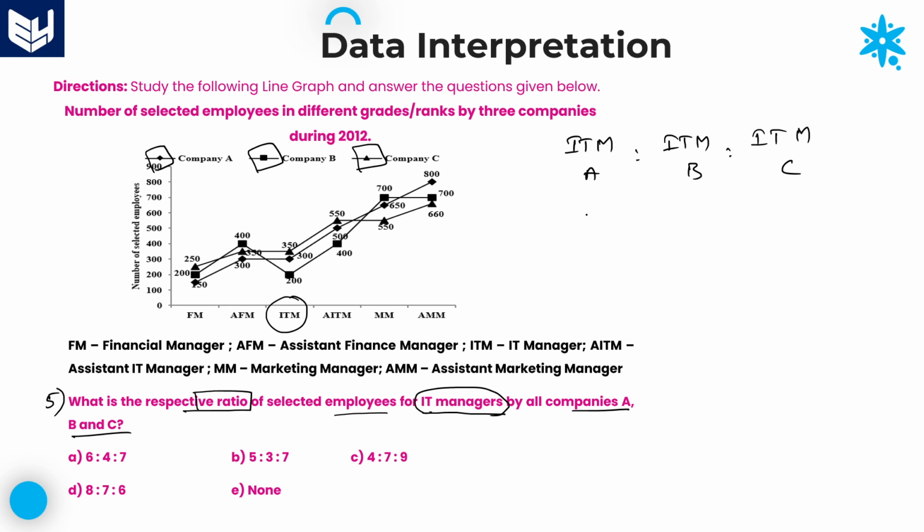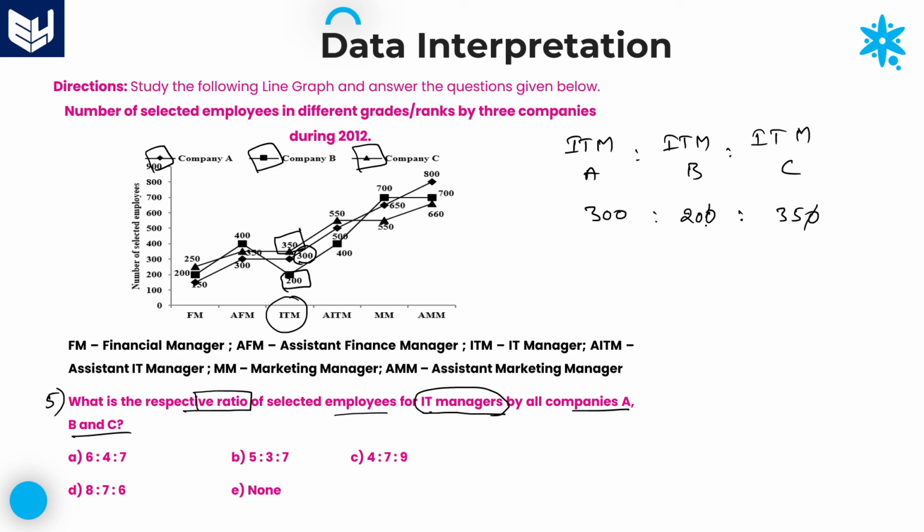Look at the values of company A. Company A is rhombus, that is 300 IT managers selected, whereas company B, which is square shape, is 200, right? Company B IT managers number of employees selected is 200, whereas for company C the number of employees selected is 350.